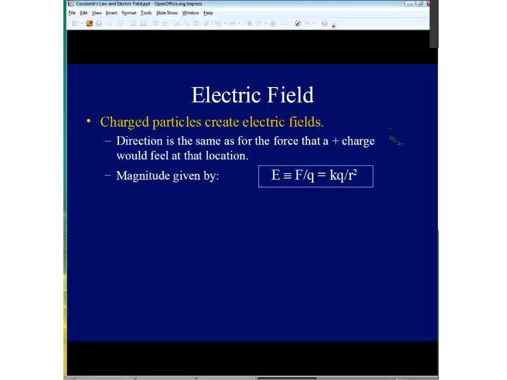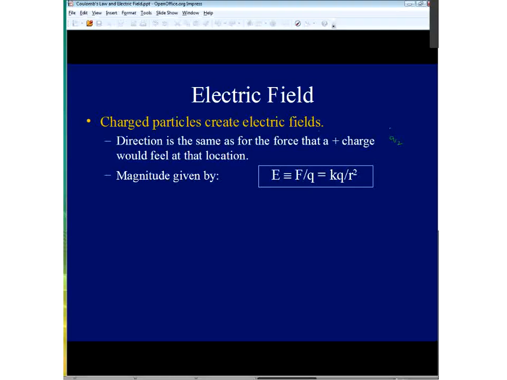Let's assume that Q2 is a point charge. Then force F is given by K Q1 Q2 divided by R square. And that force we are dividing by Q2. So K Q1 Q2 by R square, whole divided by Q2. Q2 will cancel out and you are left with K Q1 divided by R square. This is the formula for the electric field due to a point charge Q1.